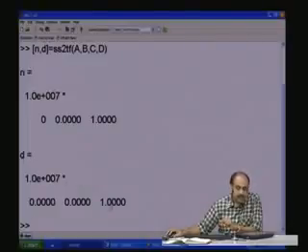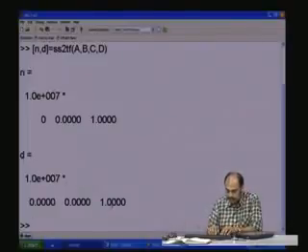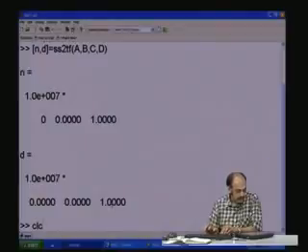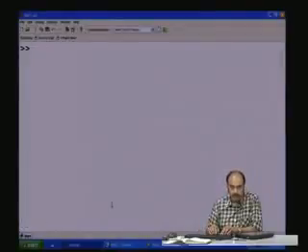So, this results in a numerator polynomial and a denominator polynomial. Let us try to present this in a more friendly fashion. So, let us use the TF function. I will define a system RLC equals TF of the numerator and denominator polynomial.